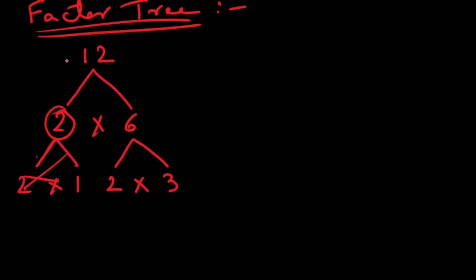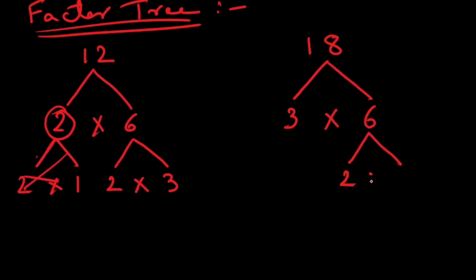Okay. Now we have to find the factors of 18 by the factor tree method. 3 times 6 is 18. We can't break 3 into smaller pieces, but we can break 6 into smaller pieces. 2 times 3 is 6.